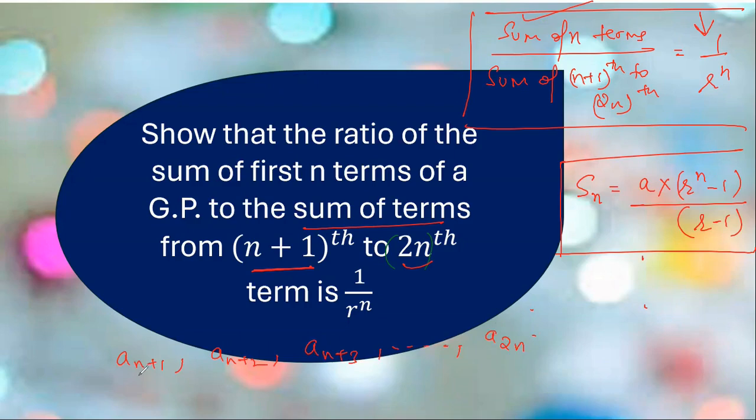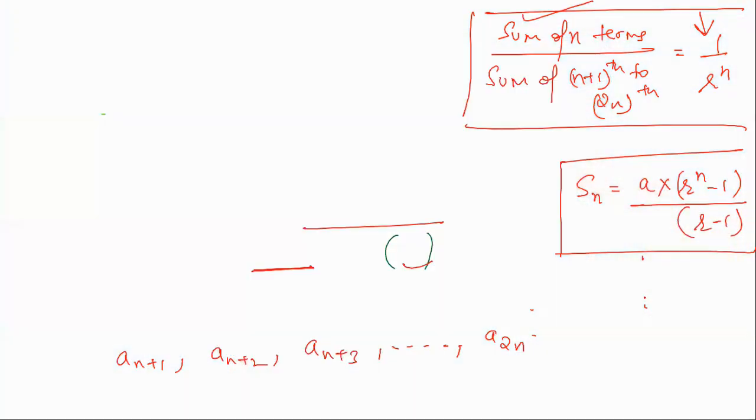When we have to write a particular term, we use the general formula for any term: an is equal to a times r raised to the power n minus 1.